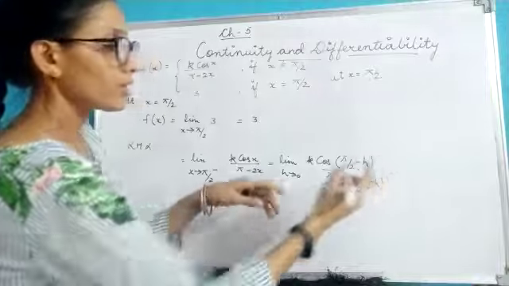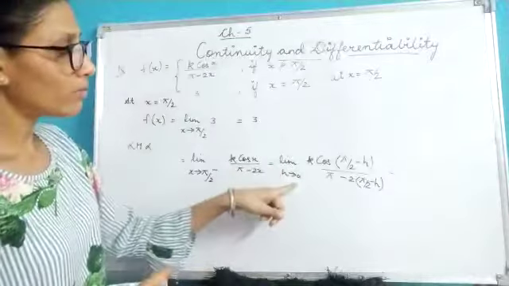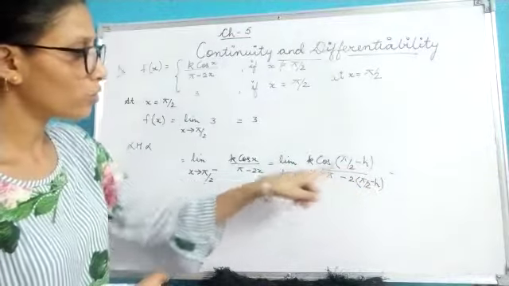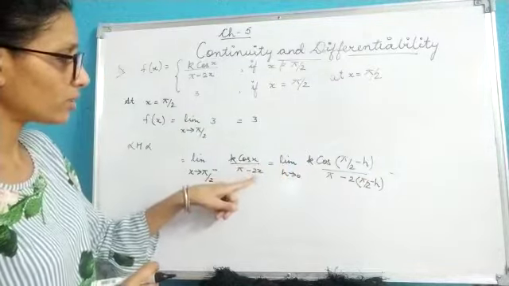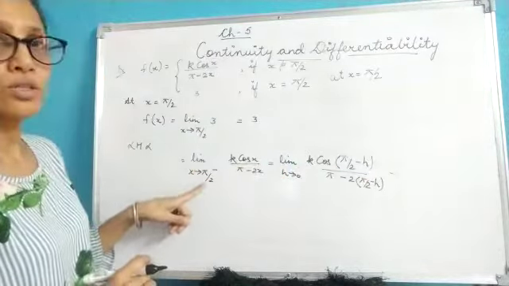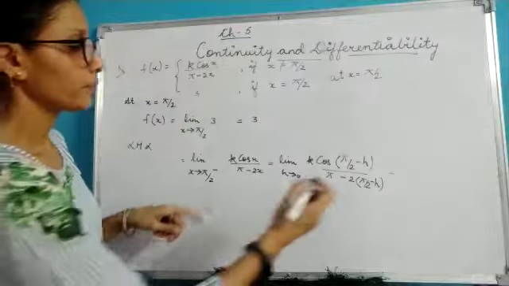Children, just now I told you whenever your function is in h, you need to write limit in h only. When your function is in x, you need to write your limit as x.